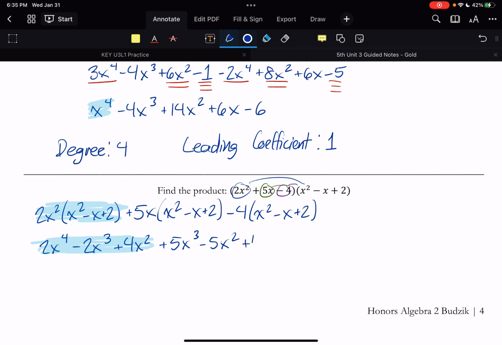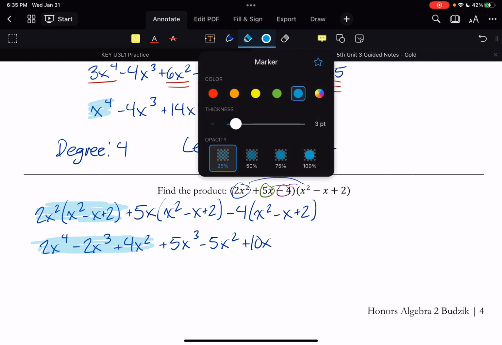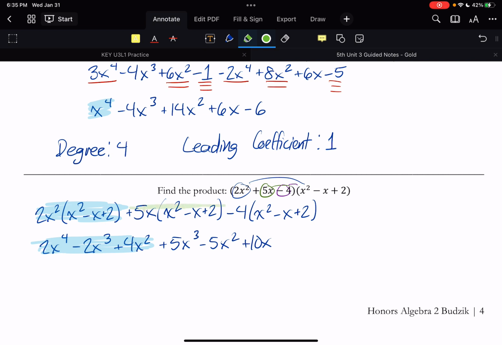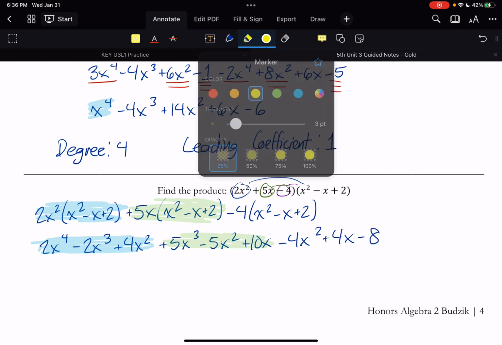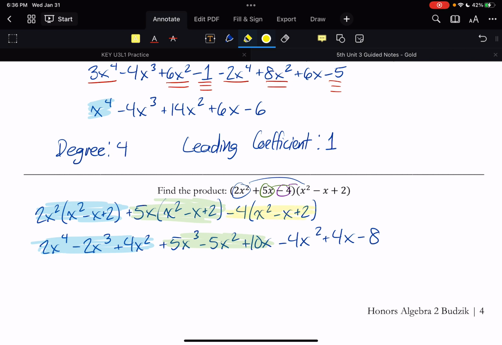And then plus 10x. So that is taking care of that second multiplication and distribution. And then for my last one, I have negative 4x squared plus 4x minus 8. So that is taking care of that final distribution.